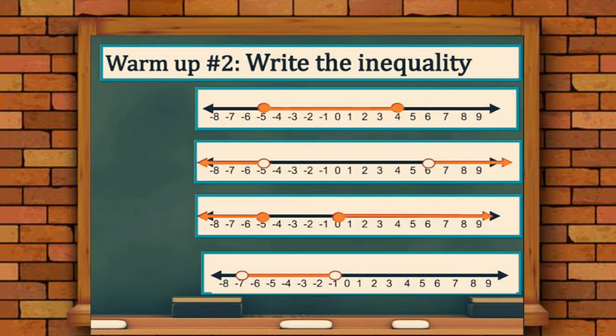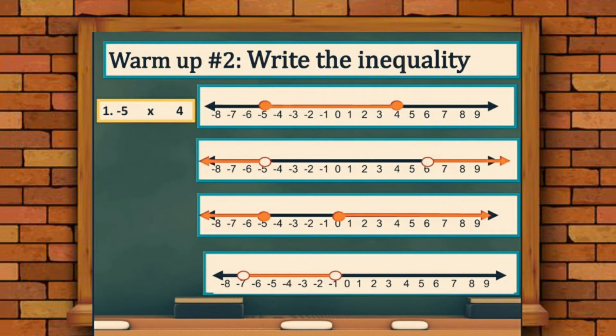That's why if we write the inequality, it should always be together. So we will just write their boundaries. Let's put the x in between since the solution is from -5 to +4.